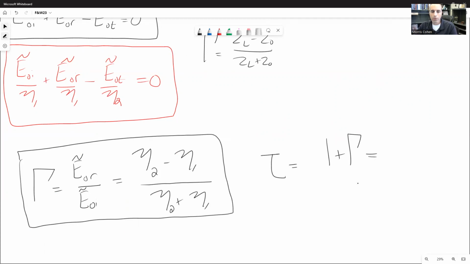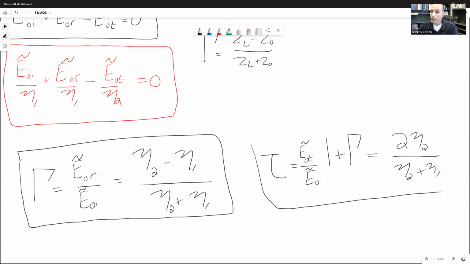If you plug this in precisely, it's 2 times eta 2 divided by eta 2 plus eta 1. Again, you can solve these equations. This equals the transmitted electric field divided by the incident electric field. And if you solve this equation to give you this ratio, this is what you're going to get for the transmission coefficient. Again, same exact formula as the transmission lines.